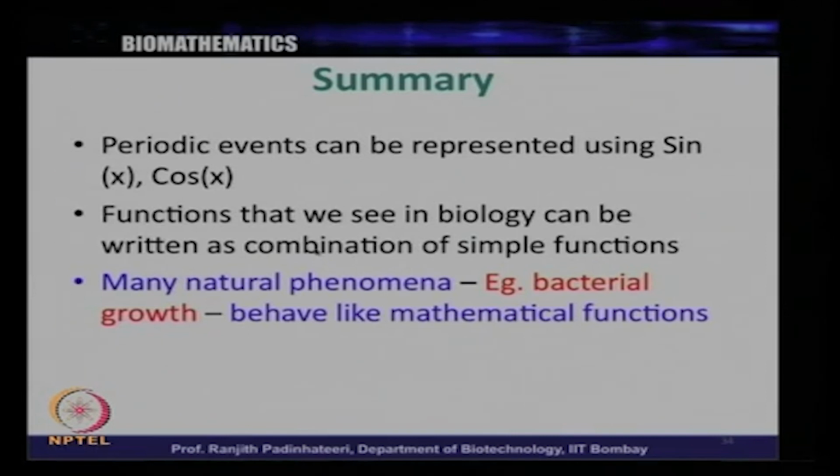We saw x by 1 plus x written as some combination of x, x square, x cube, x power 4, etc. We saw the exponential function. We saw a few other functions, like free energy written as a combination of x power 4, x power 2, etc. We also said many natural phenomena like bacterial growth, or for example the rate of a reaction, behave like mathematical functions.